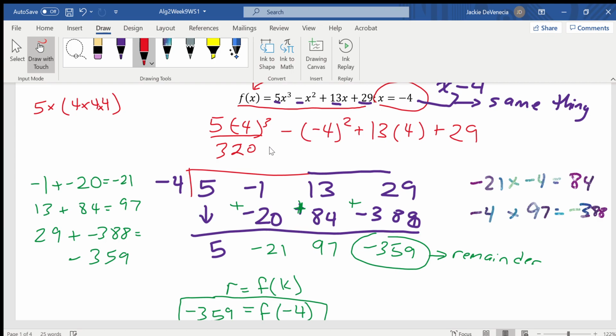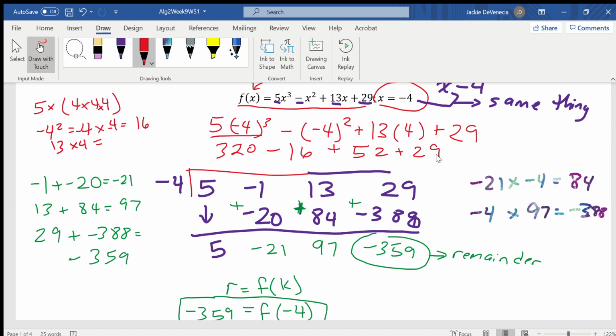And then here we have negative 4 squared, same as saying 4 times 4, which is a positive 16. Because a negative 4 times a negative 4 is 16. But because there's a negative sign there, we're going to put 16 over here. Plus 13 times 4, 52, plus 29.